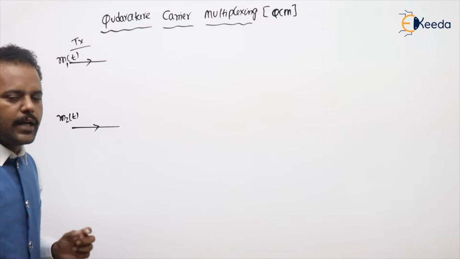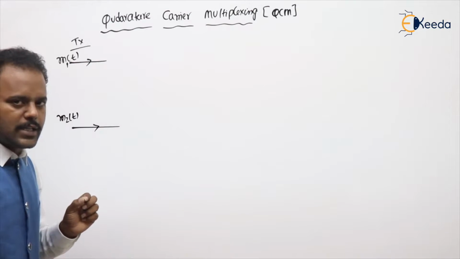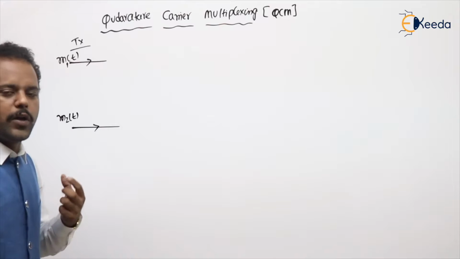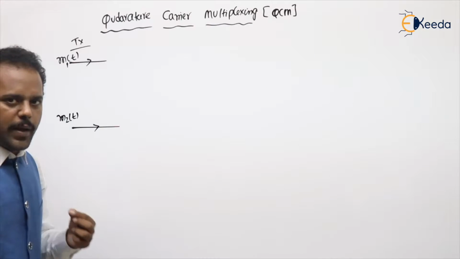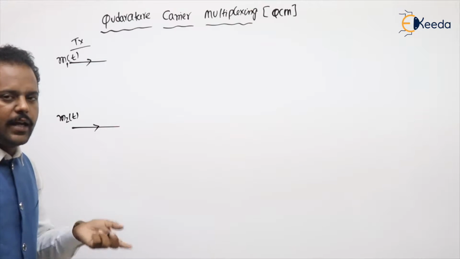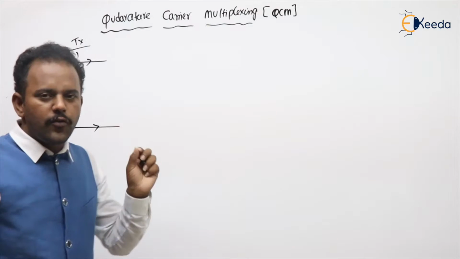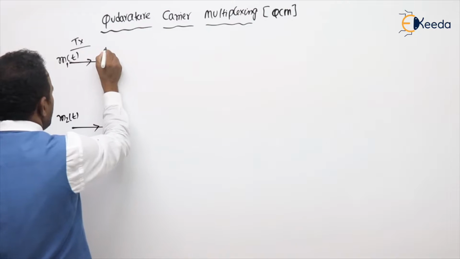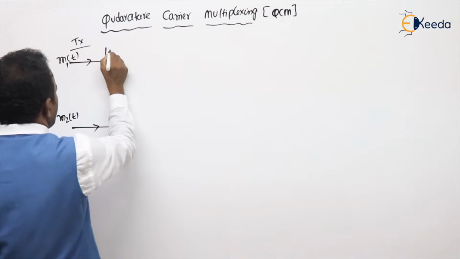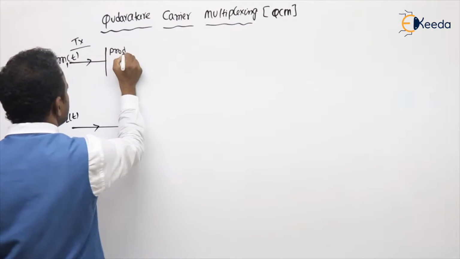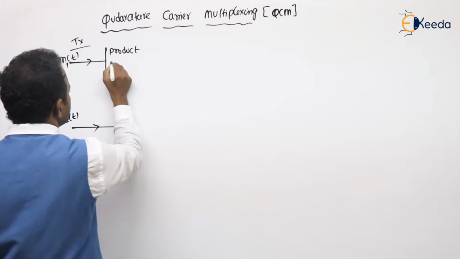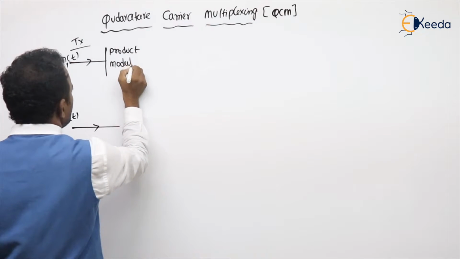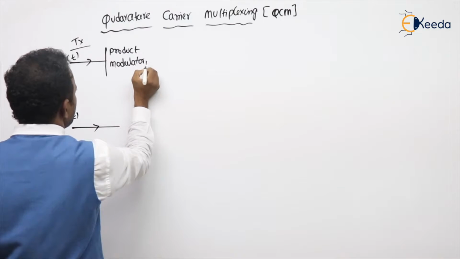The modulator used for generation of DSB is also called a product modulator. Why? Because a DSBSC signal is nothing but the product of the message with the carrier. So you can say this is product modulator 1.